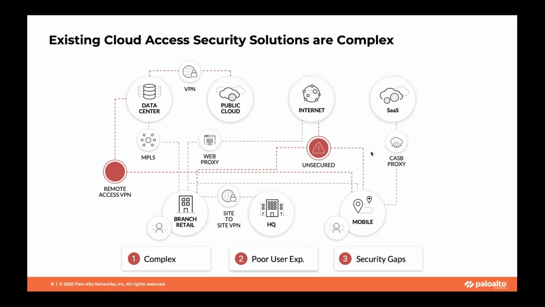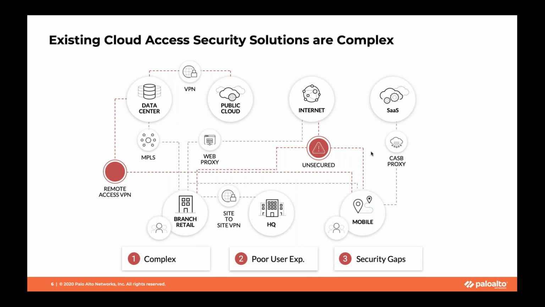Now, existing approaches today, when we try to secure mobile workforces and cloud applications, in combination with the data center on-prem and in the cloud, this is very complex. So customers are adopting different point solutions like web proxies, VPNs. They often use MPLS backhauling to help to get things going and to provide access and security.